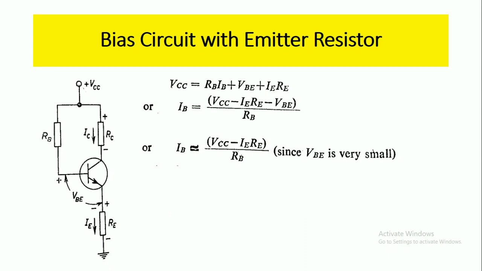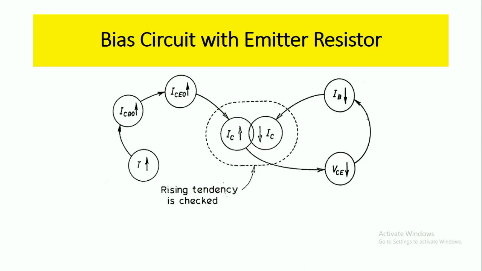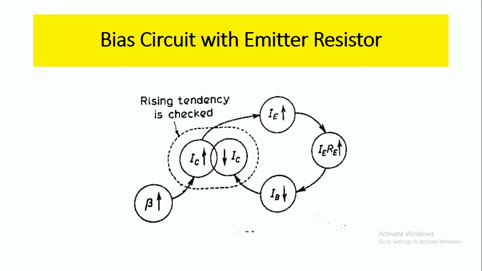But this bias circuit with emitter resistance makes the transistor independent of temperature and beta variations. When the transistor is replaced by another transistor, the beta value may increase. When beta increases, the collector current IC increases, so the emitter current IE increases.